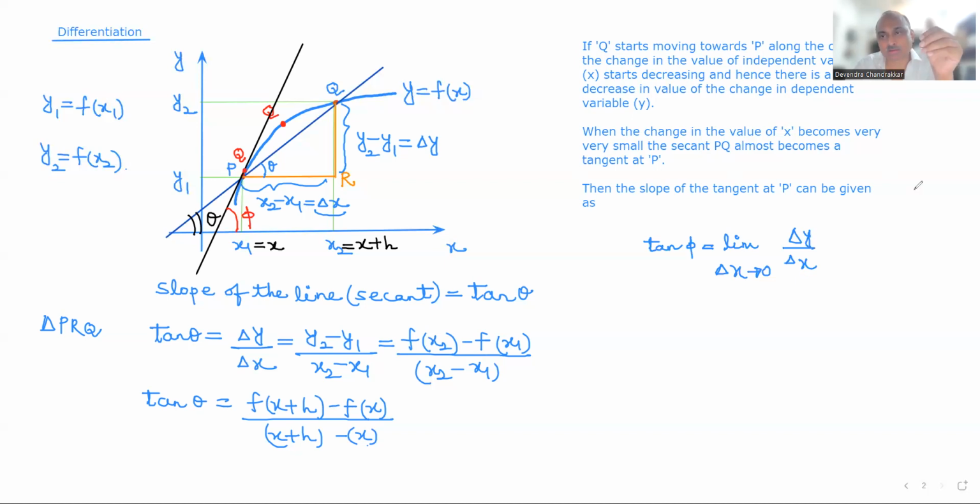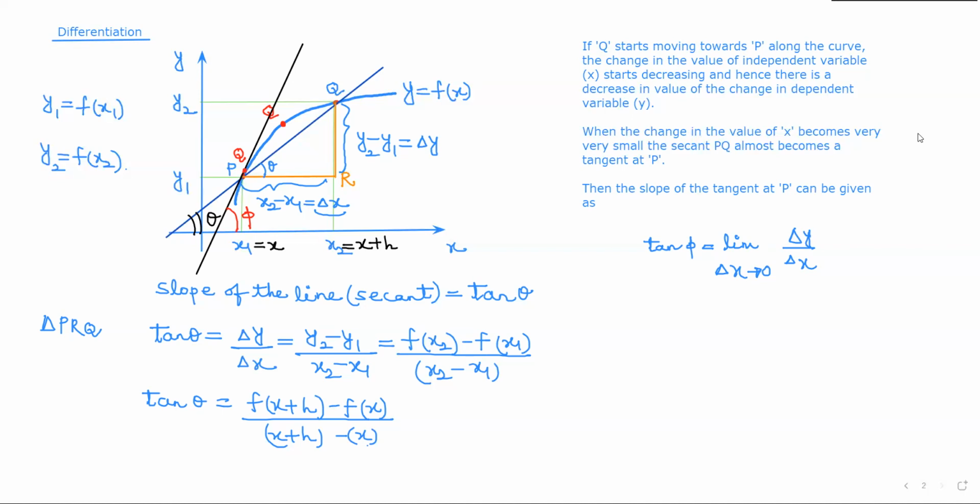So it kept on decreasing, and at certain point in time, it became what? The secant became a tangent, right? What was the event which was responsible for this secant to become a tangent? That was changing of x.